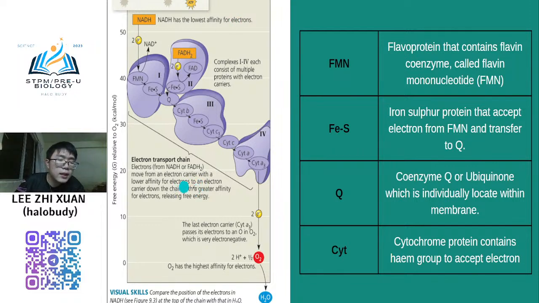So after that, with a lower affinity electron to an electron carrier down the chain with a greater affinity electron, releasing free energy. So when it go down toward the complex, it will become very greater affinity punya electron. So this one can release the energy. Dia boleh release energy toward this reaction.